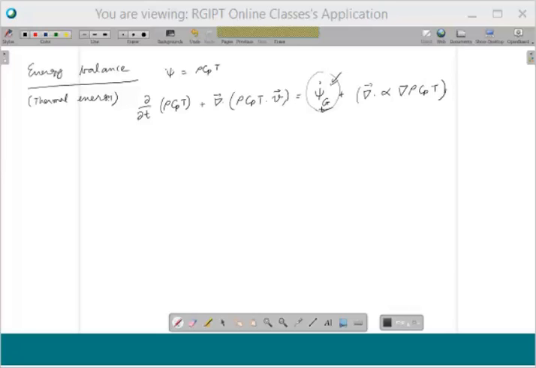So that would be your energy balance equation. And of course, a momentum balance equation is something that we have already seen before, which is nothing but momentum balance in flow systems.